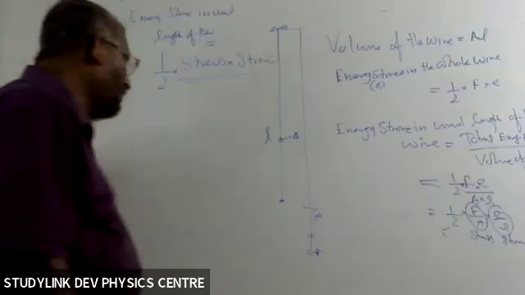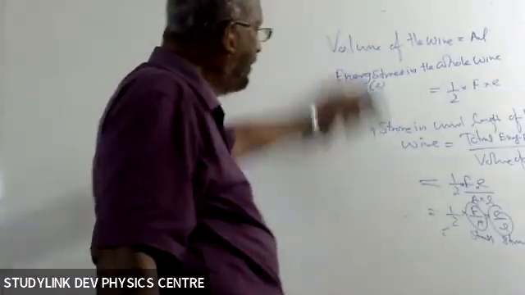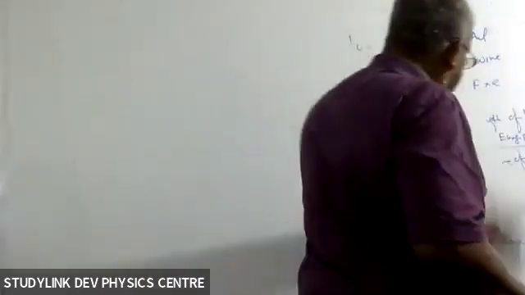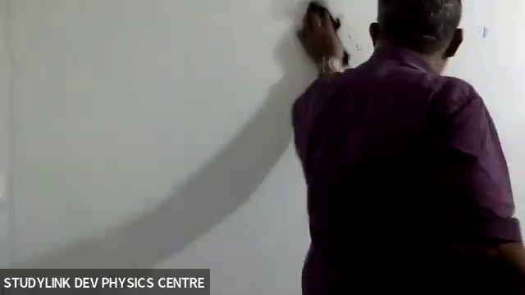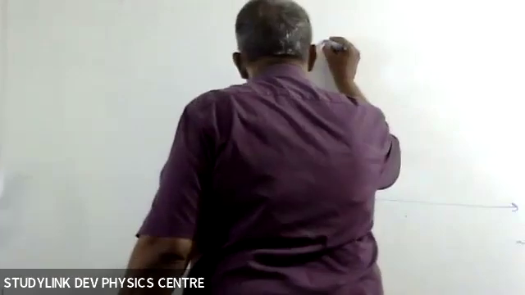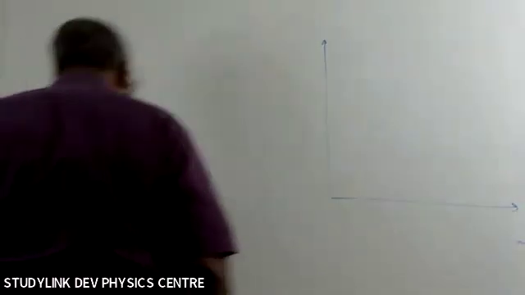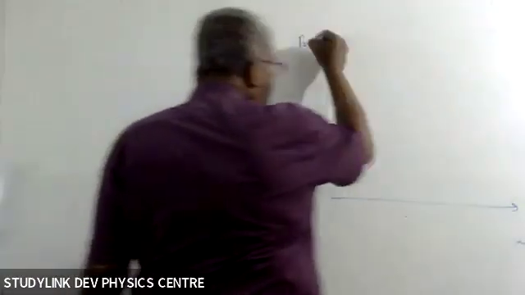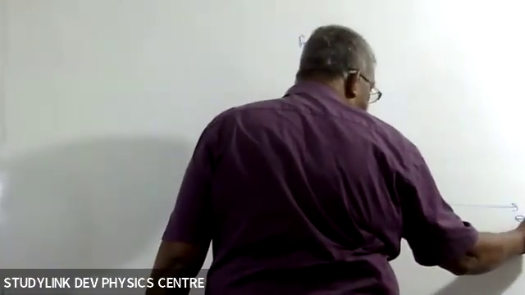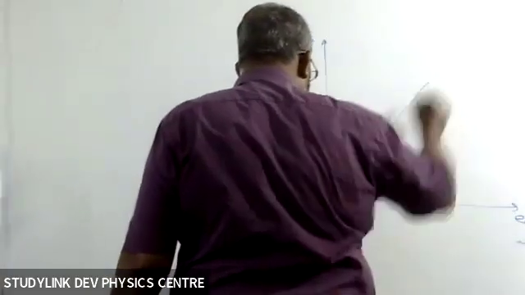Okay, sir. Right. Now, the same thing, energy further. Now the diagram is, we considered force against extension, and it was a straight line like that.